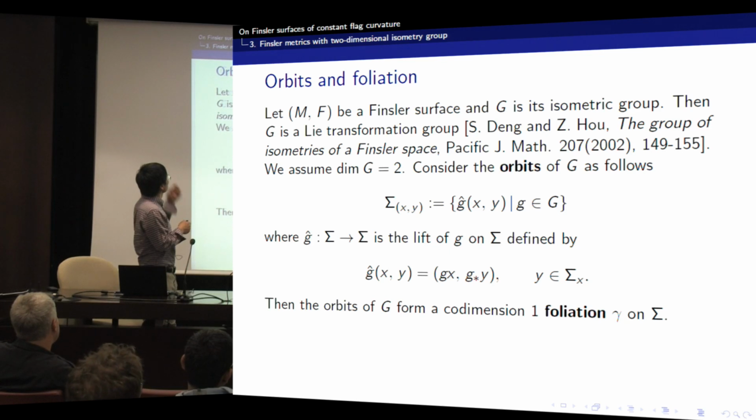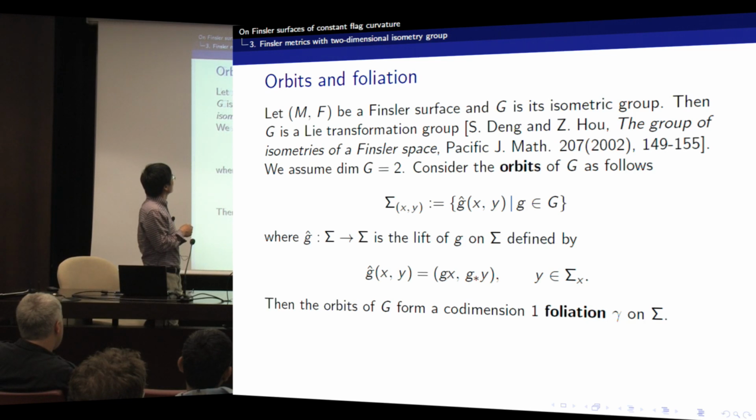Okay, now we discuss the orbit and the foliation. We suppose the Finsler manifold has a two-dimensional isometry group. Let (M, F) be a Finsler surface and G its isometry group.